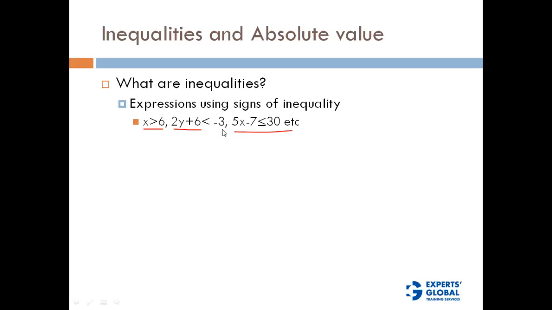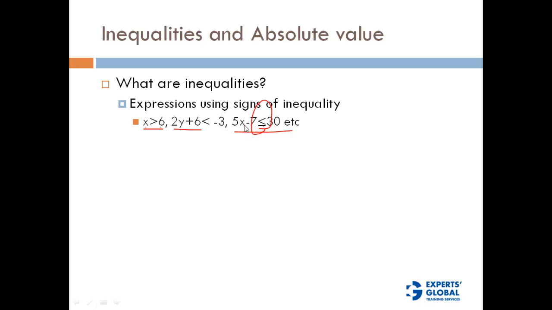So these are not equations because we don't have an equal to sign. We are not equating the two sides. What we are doing is giving a relative relation, in the sense that we are just saying which side is greater or which side is less. So this has a specific meaning.